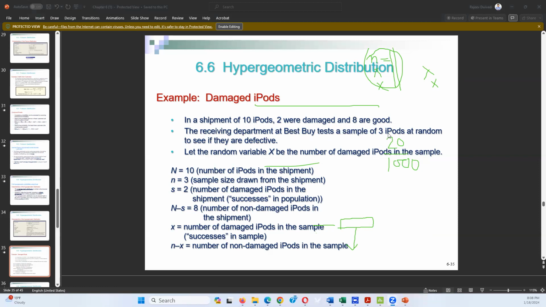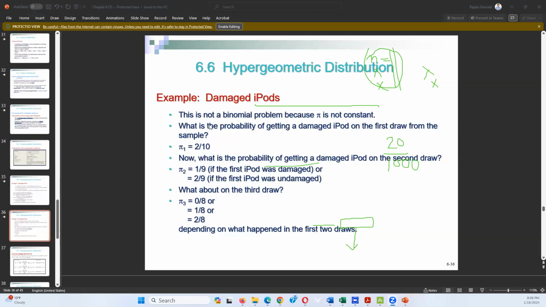Best Buy tests a sample of 3 iPods, so small n is 3. 2 are damaged, so S is equal to 2. Now it is asking the probability of different situations. So look into that. Capital N is given, small n is given, S is given. Now, based on the question, you can identify the answer.